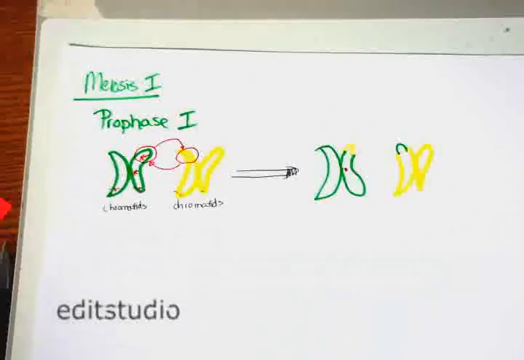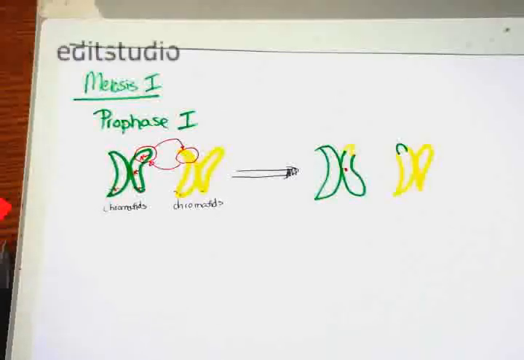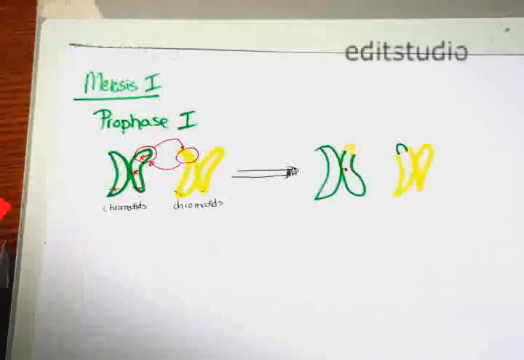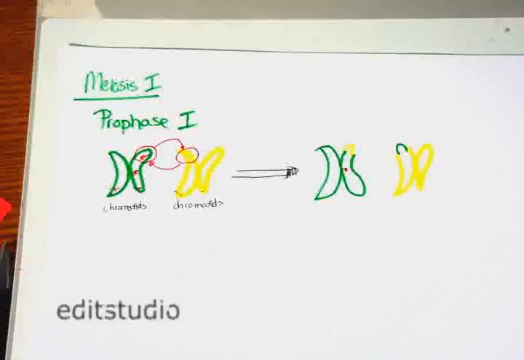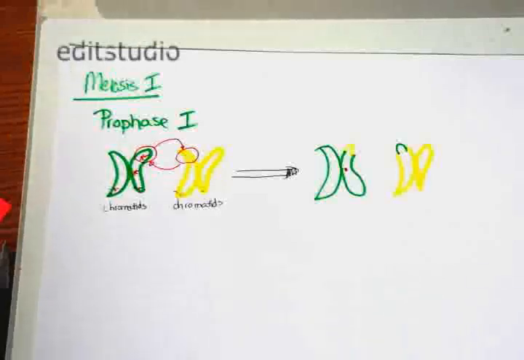So, linkage maps. If this is a little bit above your head and you're like, I don't really get what the guy's saying right now, here's the way you're going to do it.